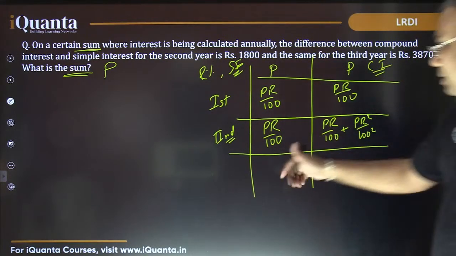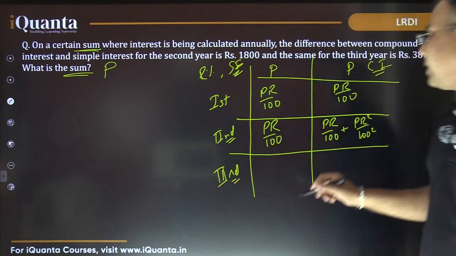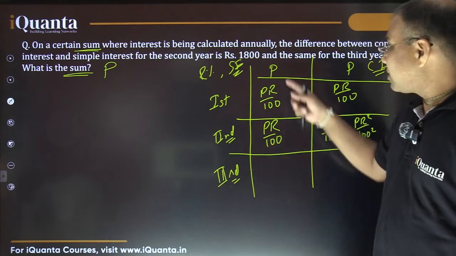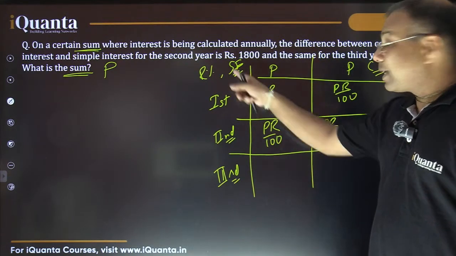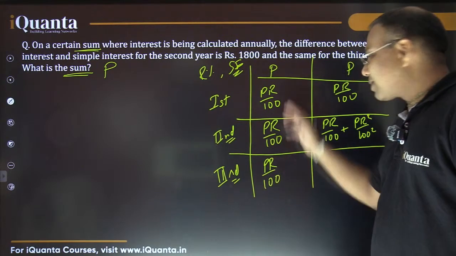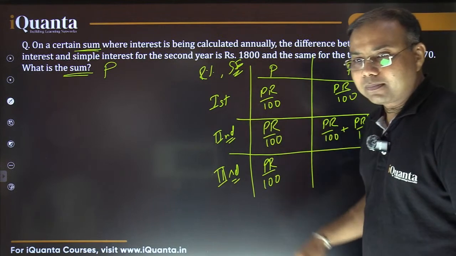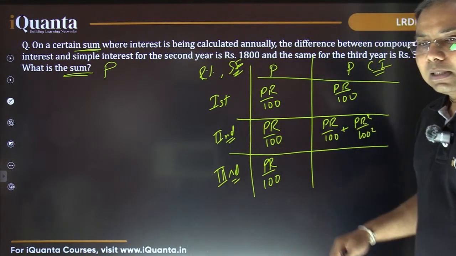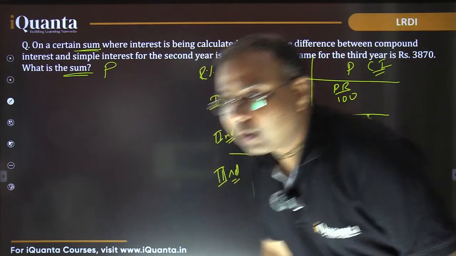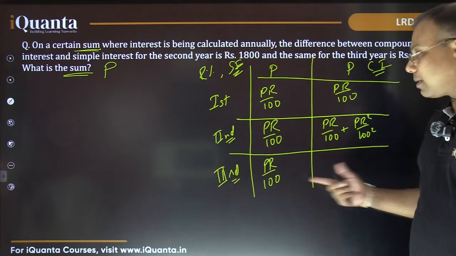So let's write for third year also, and after that we shall see. In third year, interest earned is again R% of P in case of simple interest scenario. As we discussed earlier, it is going to be same always. ठीक है ना? And in case of compound interest scenario, what is going to be the interest earned in third year?